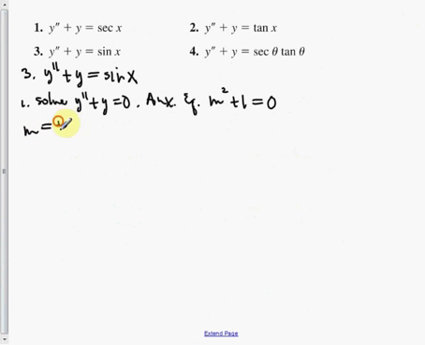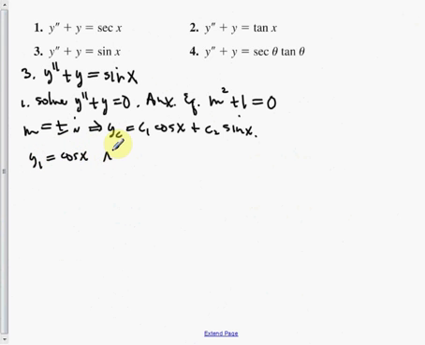So we get m equals plus or minus i. So this implies that y sub c is c sub 1 times cosine x plus c sub 2 times sine x. So what I need from here is that y sub 1 is cosine x and y sub 2 is sine x.